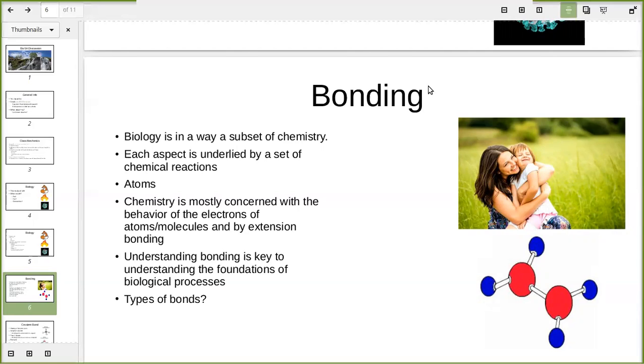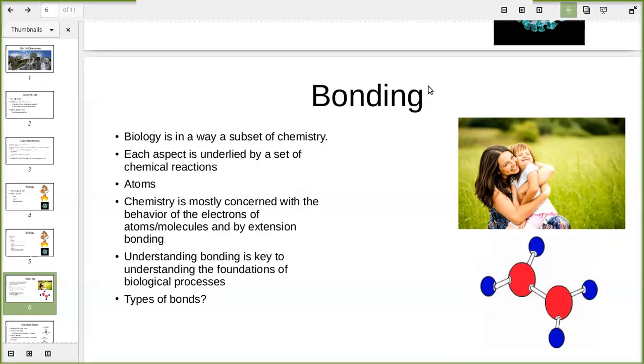In certain ways, biology, at least the biology we know, is a set of chemical reactions. So if you're growing, there's chemical reactions involved with that. There's chemical reactions involved with you digesting your food and gaining energy from that food.